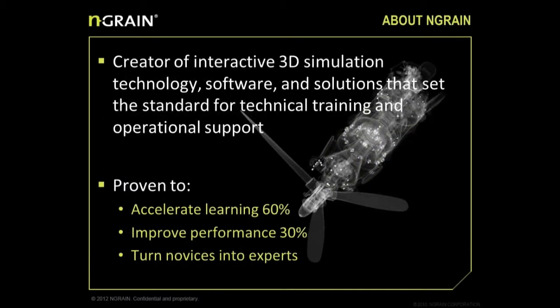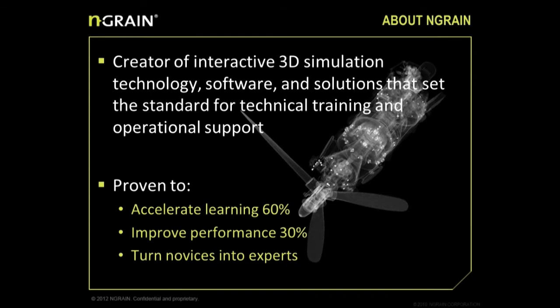So as a quick introduction or overview to NGRAIN, NGRAIN is the creator of a breakthrough volume graphics technology. We're focused on transforming how people share knowledge, from brake systems to propellers and even human anatomy. Organizations around the world are using NGRAIN software to make complex systems easier to understand, to teach, and to maintain.